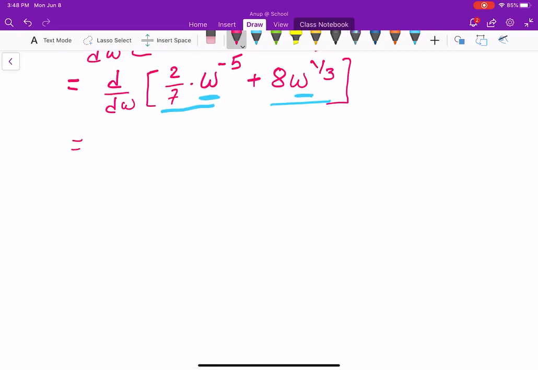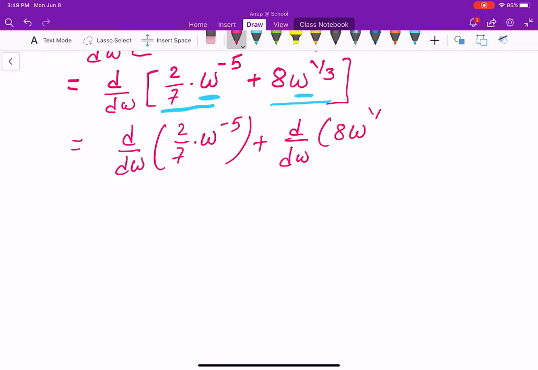So let's first find the derivative of the first term. We need to find the derivative of 2 over 7 times w to the power minus 5, plus we need to find the derivative of 8 times w to the power 1/3.